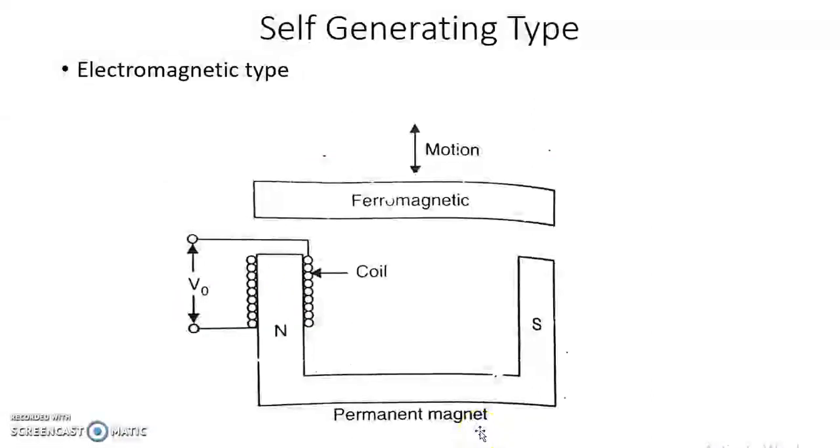Now let us discuss self-generating type variable inductance transducers. In this type, the voltage is induced because of the relative motion between conductor and magnetic field.